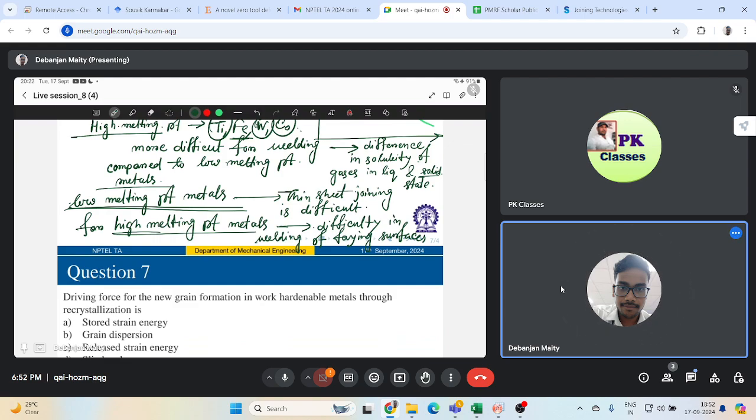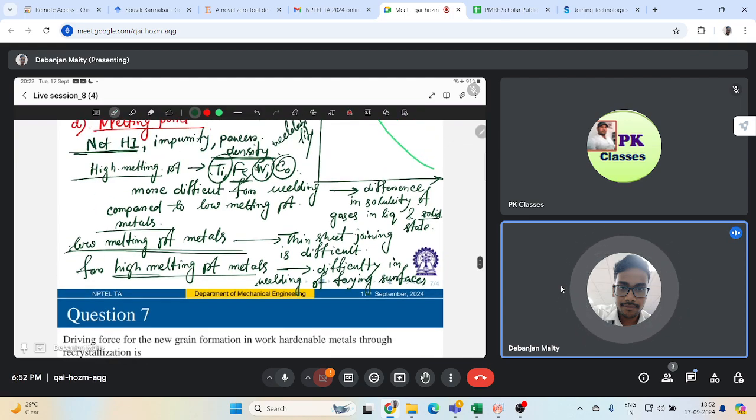That means the ease of joining that metal in solid state is very difficult. So metals like iron, tungsten, cobalt are difficult to weld with solid state welding processes because of their higher yield strength or lower ductility.